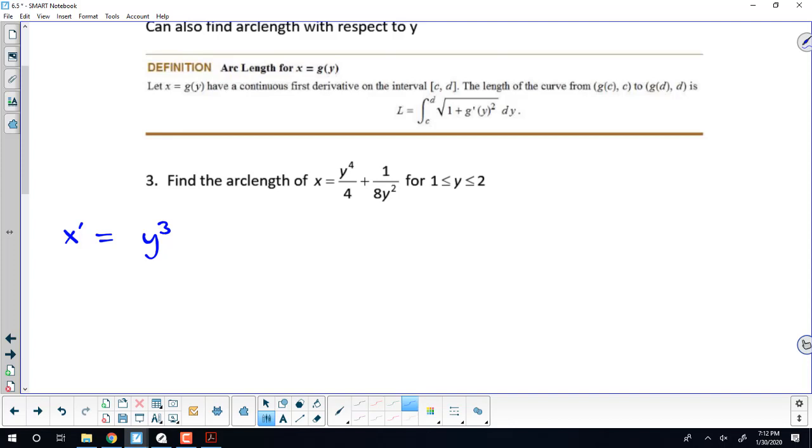So remember with these things, you might do a quotient rule here, but I think it's easier to think of this as 1 over 8 times y to the negative 2. I mean, quotient rule works as well, but. So we've got our negative 2 coming out front to multiply that. Subtract 1 from the power.